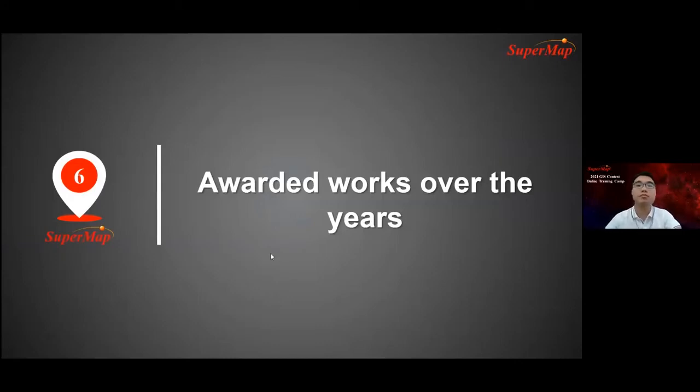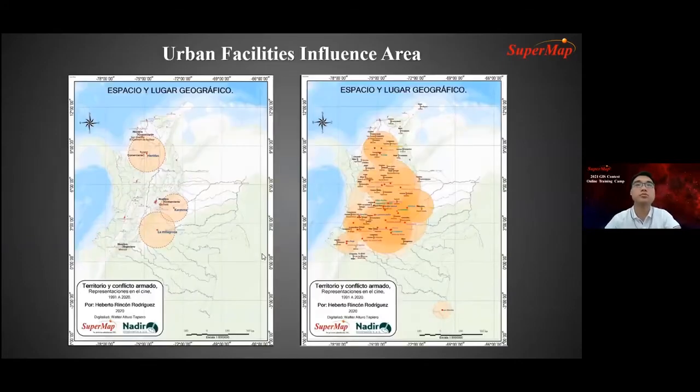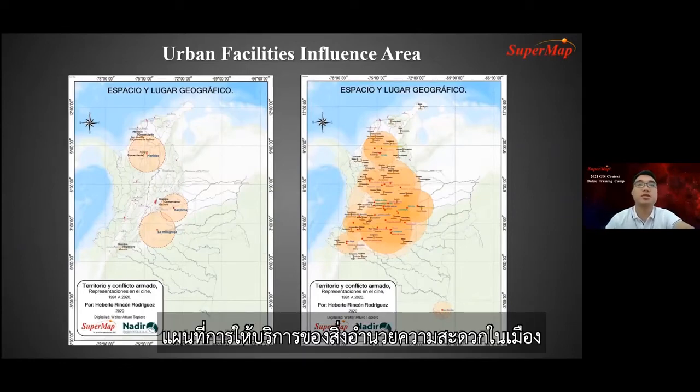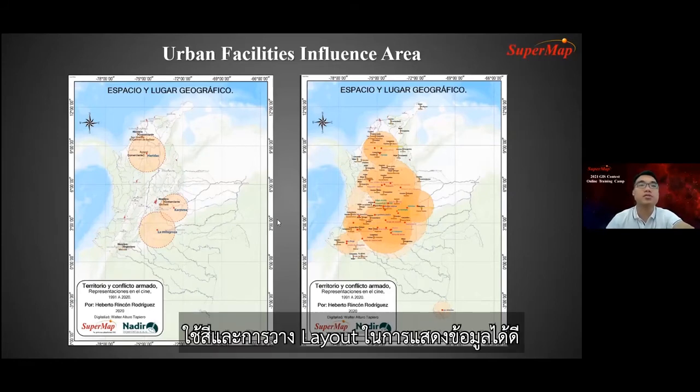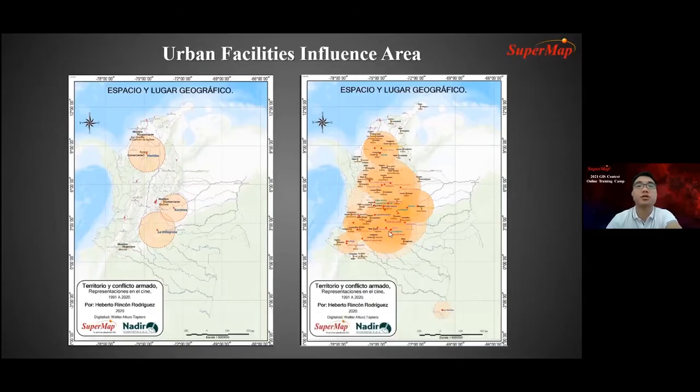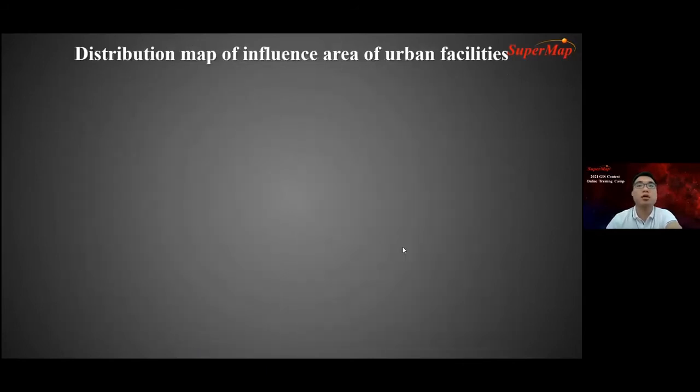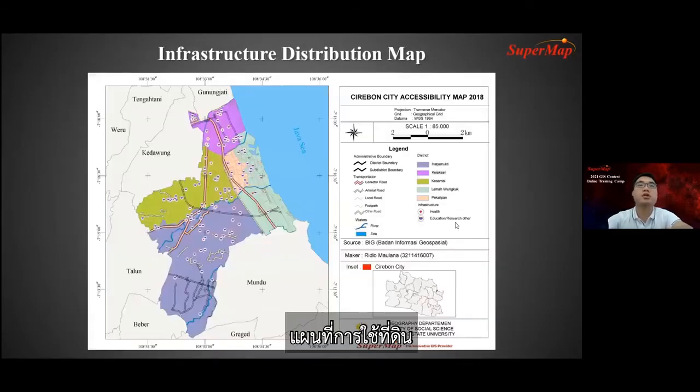Let me show you. Yeah, here, these two maps are the urban facilities for the influenced area. You can see the color and also the layout have a very good effect. And here is the infrastructure distribution map.